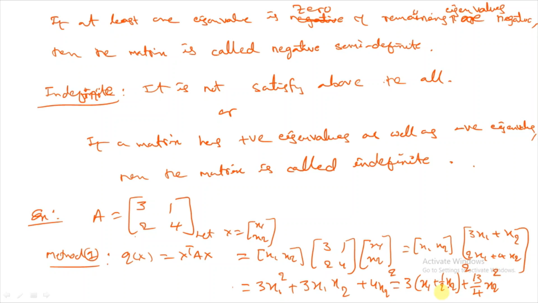Now observe that these are all squared terms. The square term is always positive for all non-zero vectors x. Therefore, A is positive definite.